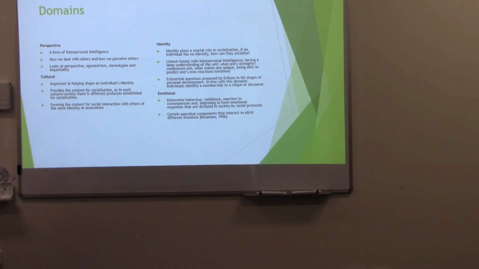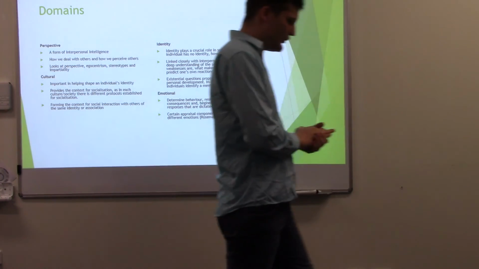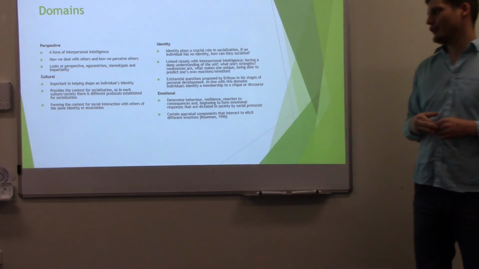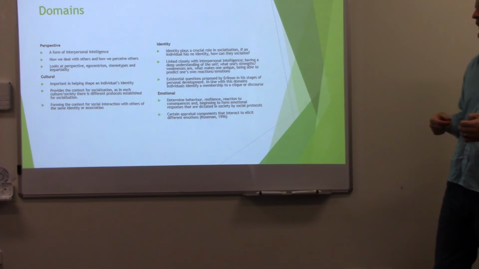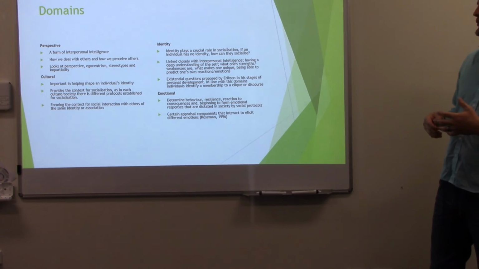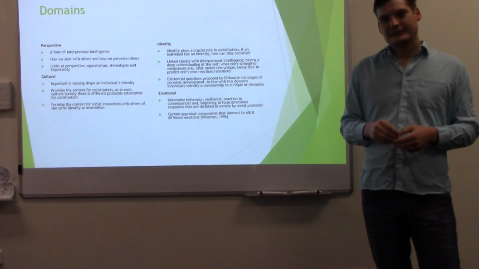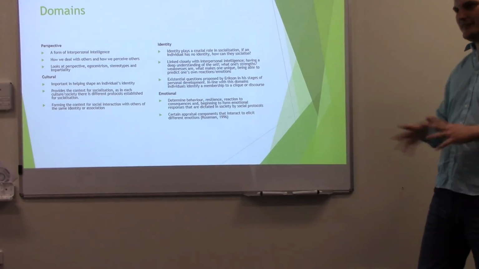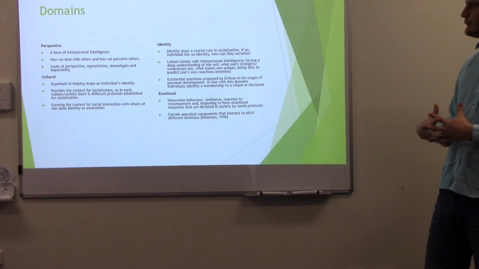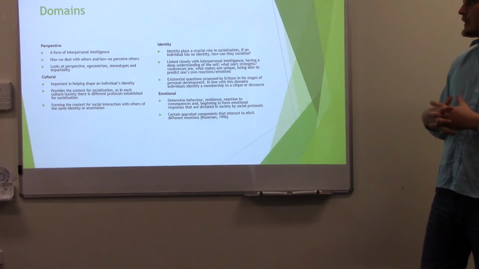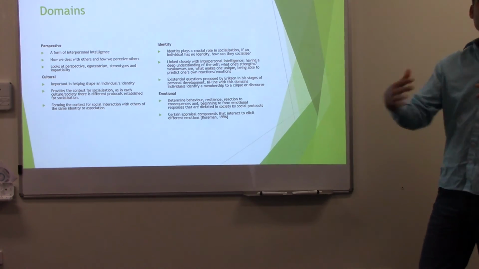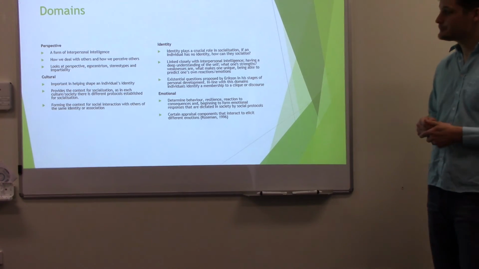Perspective. This one's pretty self-explanatory. It is really a form of, that should be intrapersonal intelligence. Intrapersonal, okay. Yeah, intrapersonal because it's about the external rather than internal. It's how we deal with others and how we perceive others.